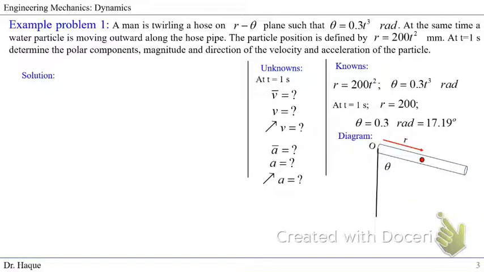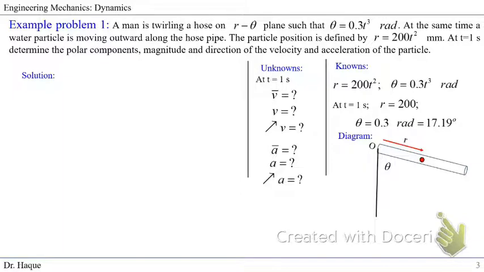So let's draw a diagram. The diagram you see is, for example, if the man is twirling the same way as cowboys throw their lasso. If you're a bird looking from the top, you'll see the pipe and the particle.